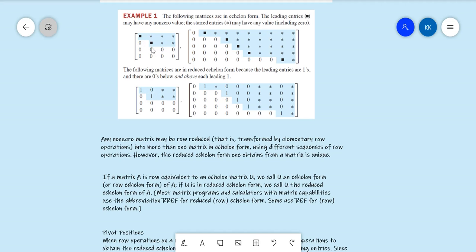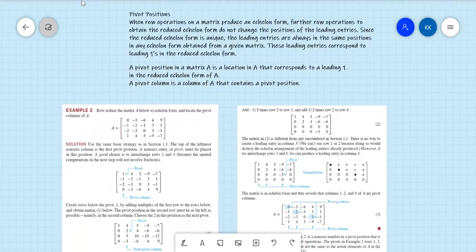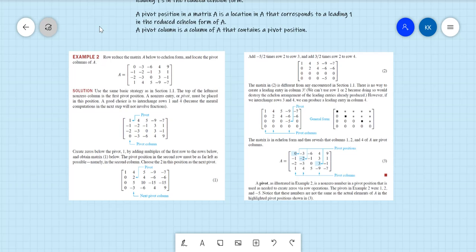This one would have been here, so this is the pivot position. This one would have been here similarly. This is also the pivot position for this matrix. Similarly, this one and this, these are both pivot positions for the respective matrices. Hope that makes sense.